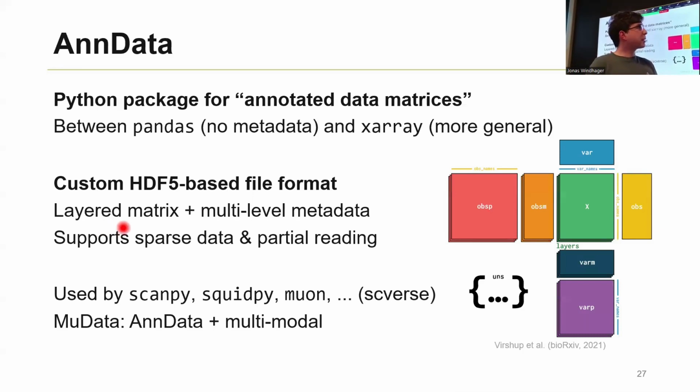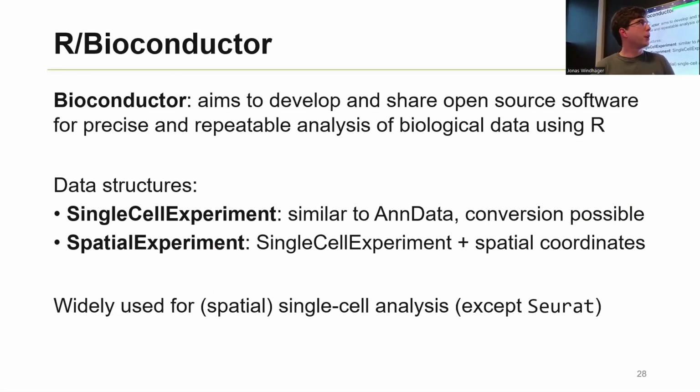So this has a custom file format based on HDF5, so very similar to Zarr. And it is used by pretty much all Python-based single-cell analysis packages. There's an extension to do multimodal data, but mostly it's used for single modality. On the R side, I won't discuss this much, but there are two very important data structures as well, SingleCellExperiment and SpatialExperiment.